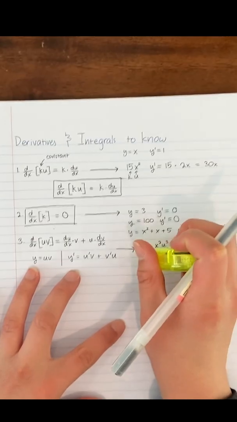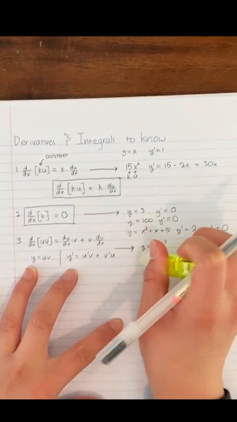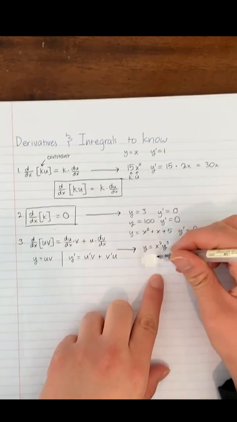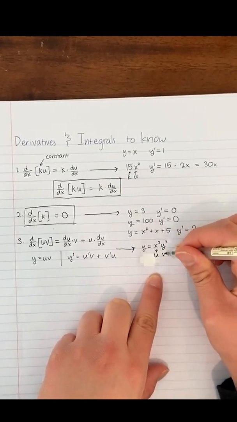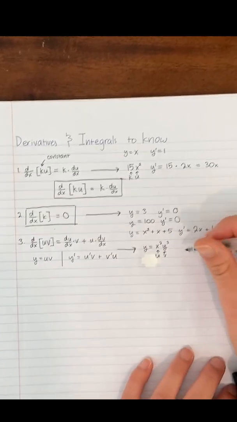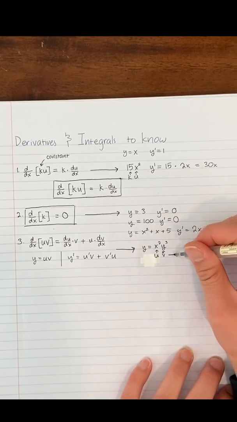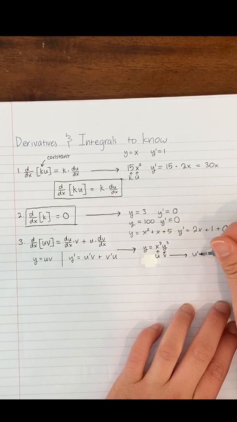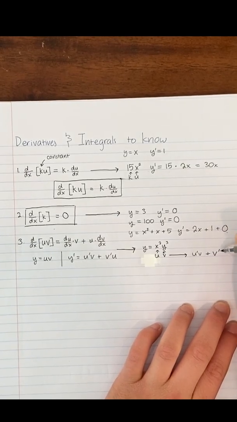It's all about the visuals. We have to make it look nice. Okay, let's use this formula. This is u, this is v. So this turns into u'v plus v'u, let's do that.